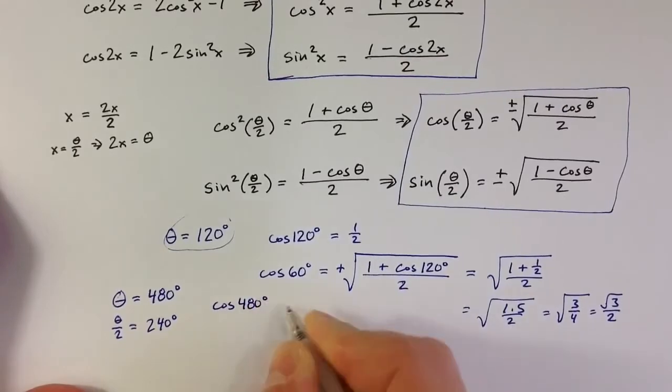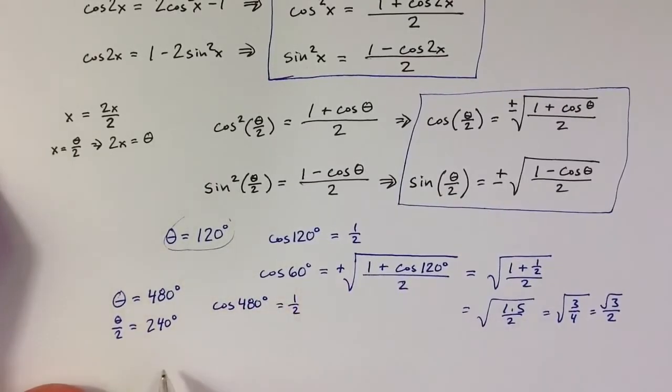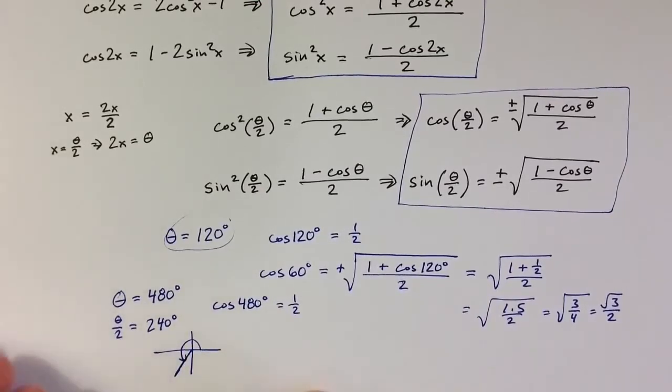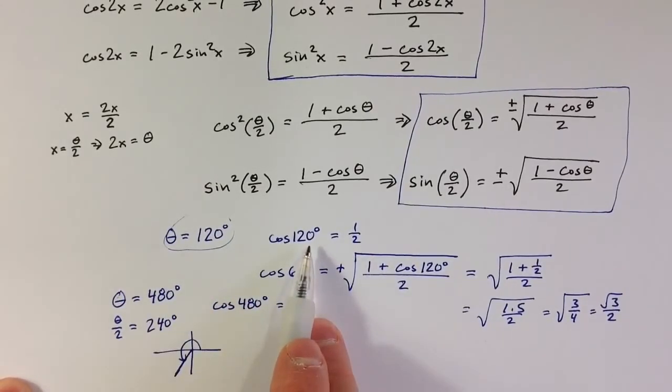It's going to be 1/2. But the angle 240 degrees turns out to be in the third quadrant, and so I know that the value for cosine there should be negative. So the issue is that when we add a full rotation to theta, it gives us exactly the same value as 120. So 480 degrees is the same as 120 for cosine.